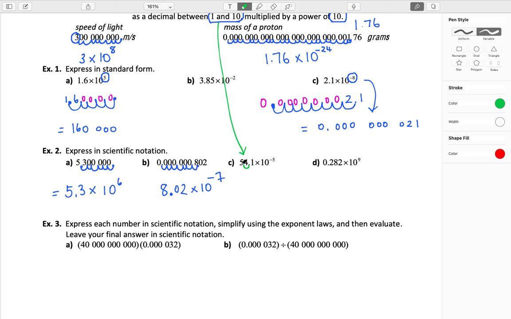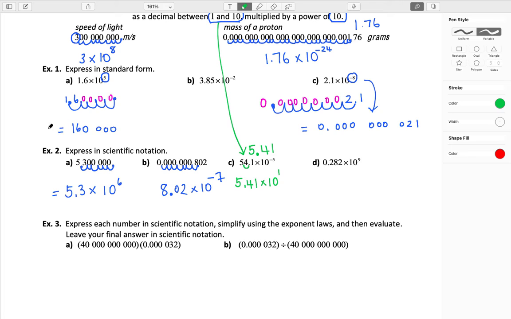I have to go to the left by making it 5.41. So I can convert this 54.1 to be 5.41 times 10 to the 1, because we're moving to the left.